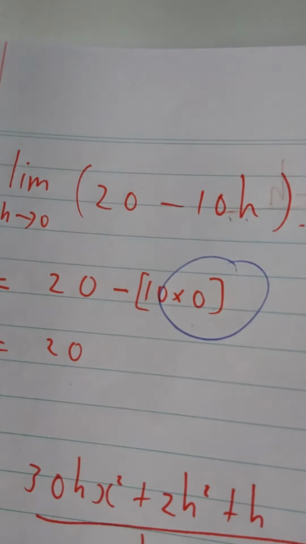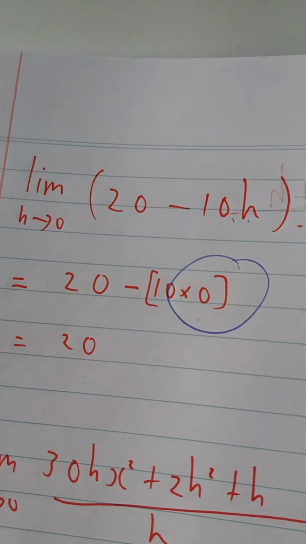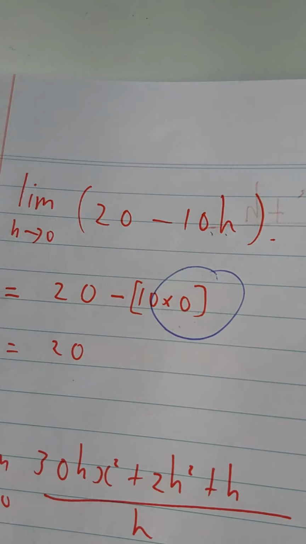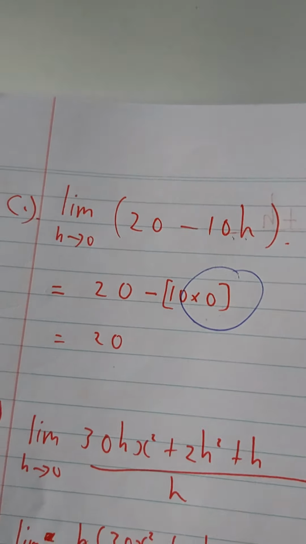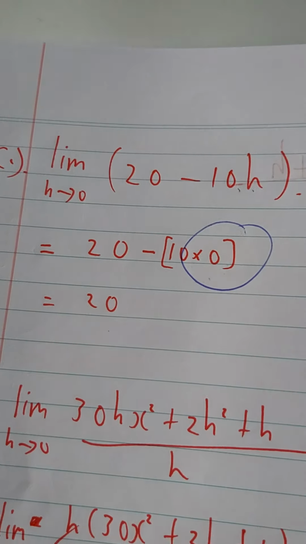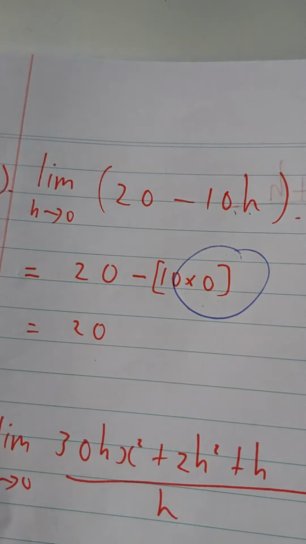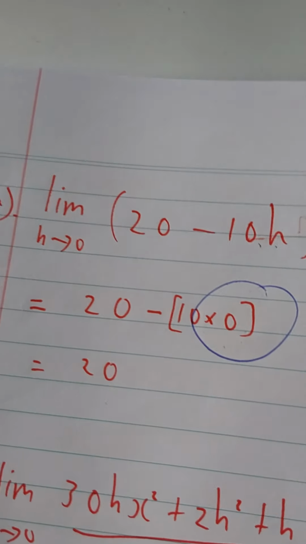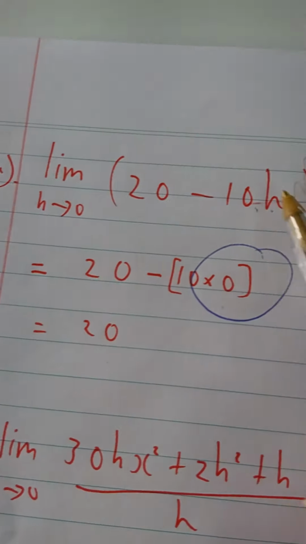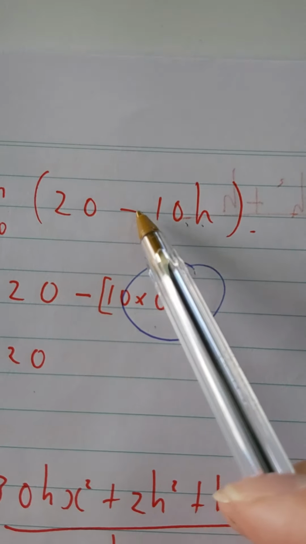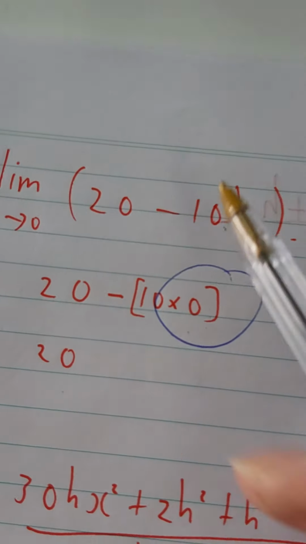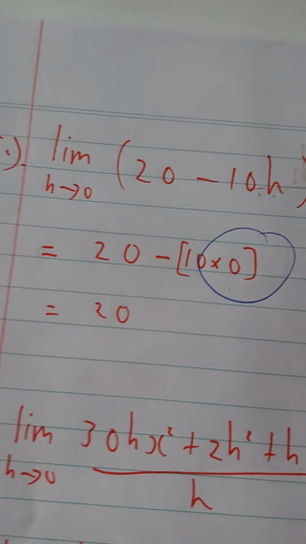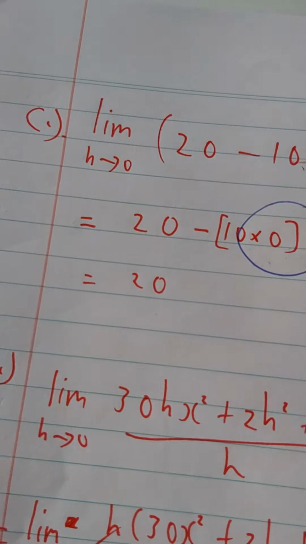Will that change anything? It's so small. This 1 cent added to his 200 billion is nothing. Even if I give him $1 million, it's still nothing. So if there's just plus or minus, you can just treat that h as 0.